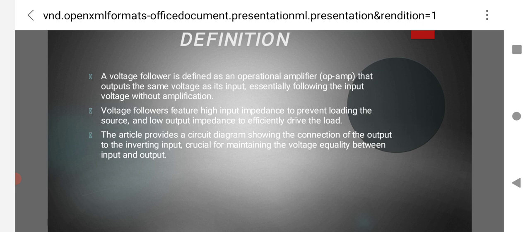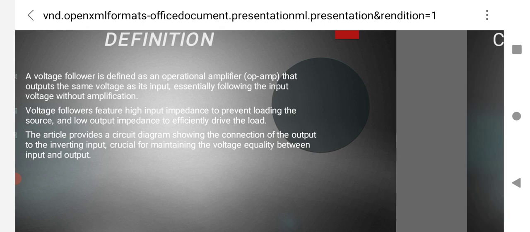A voltage follower features high input impedance to prevent loading the source and low output impedance to effectively drive the load. The article provides a circuit diagram showing the connection of the output to the inverting input. It is crucial for maintaining the voltage equality between the input and output.